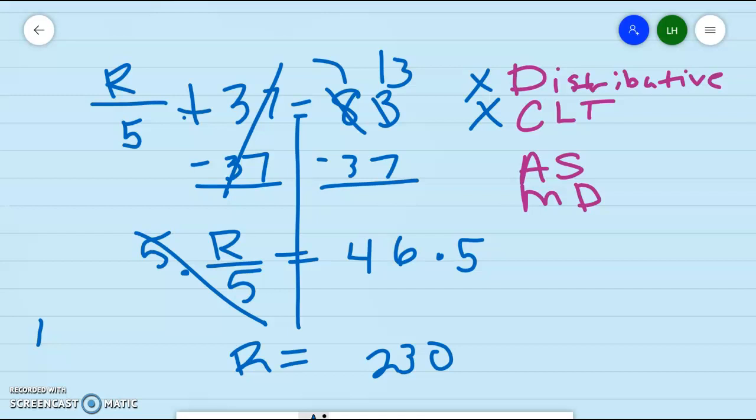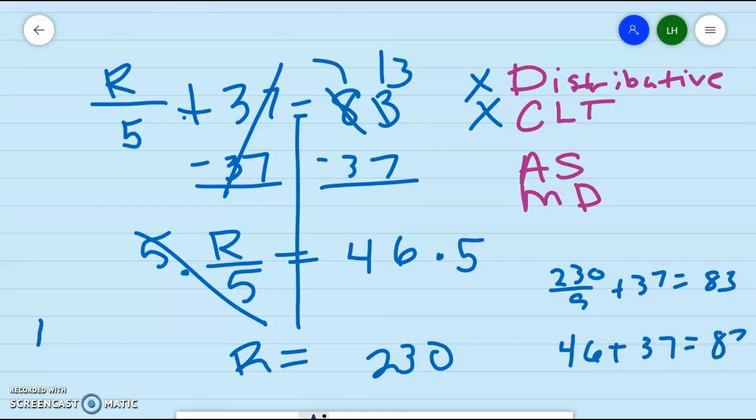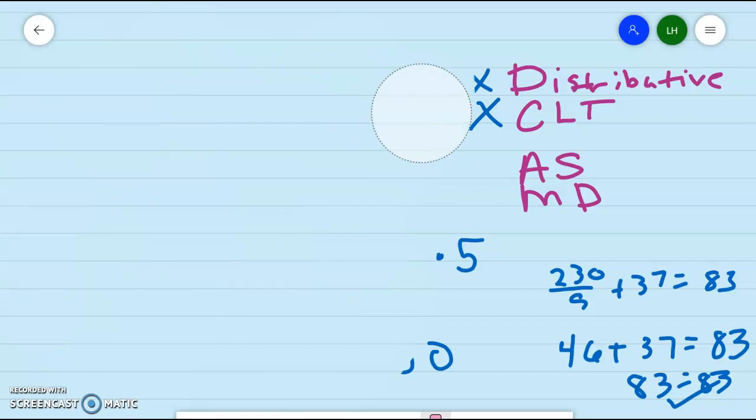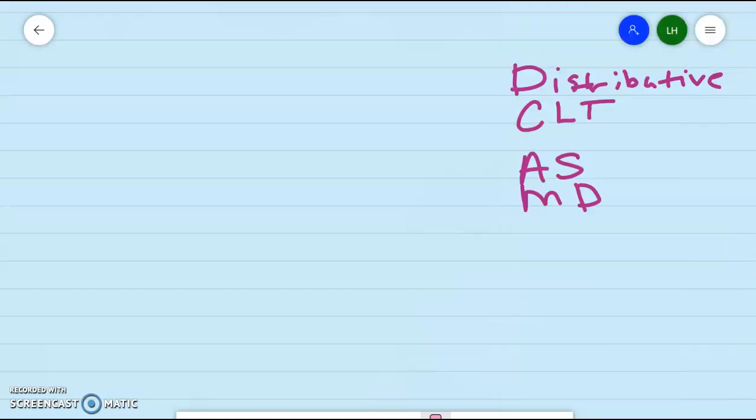You could plug in 230 over 5 plus 37 to see if it equals 83. 5 will divide into 23 46 times. So that checks out. Just make sure you're going down the list and always do distributive property first.